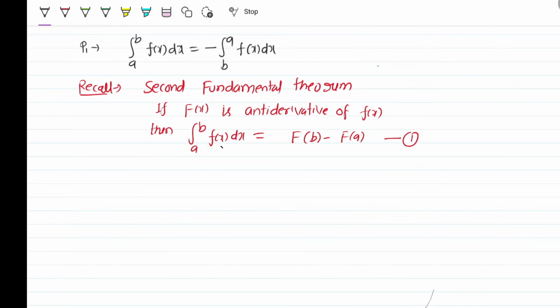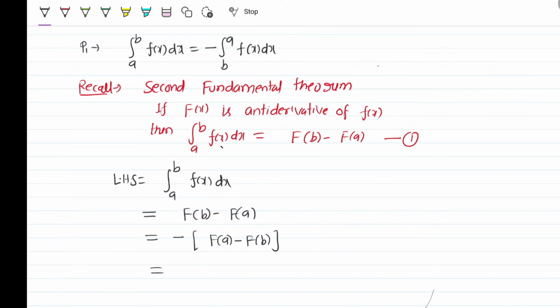Now see here, take the LHS, a to b f(x) dx. By the second fundamental theorem of calculus, it is the same as F(b) minus F(a). Now take the minus sign common, then it will be minus (F(a) minus F(b)).